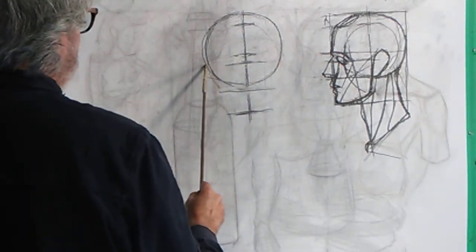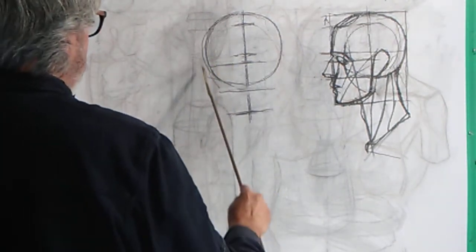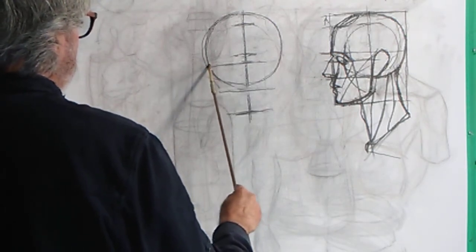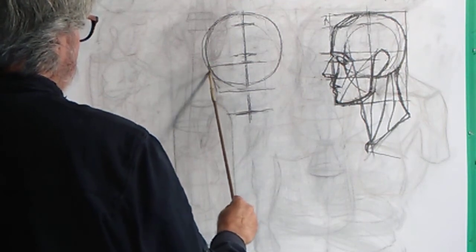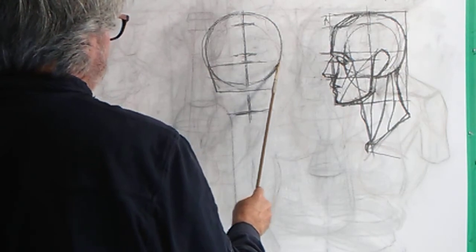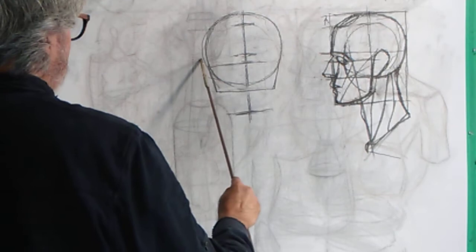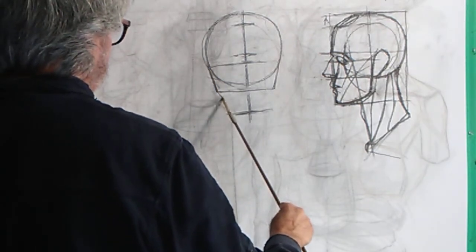So I'm using that line as a guideline, and you can too, to get the feel of this structure. This is going to start to angle in for a person's jaw, about like this. I'm off to the side of it, so I'm guessing at stuff. So this is doing this, and then it's going to angle in.